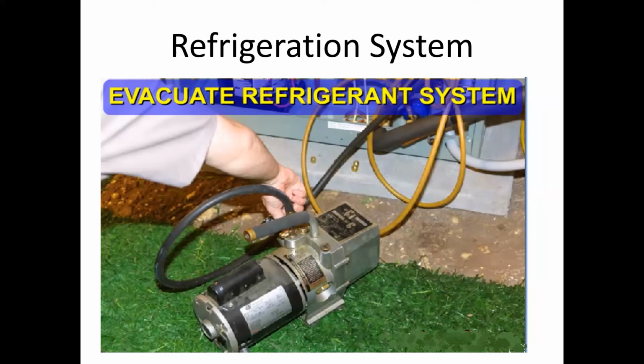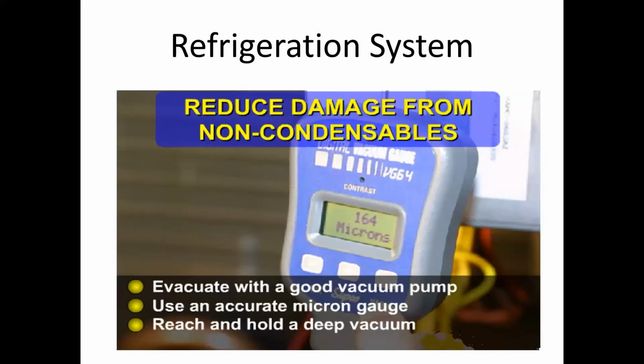So one of the pitfalls, or one of the challenges of doing online classes is you can't really interact as much as I would like to. But when you're pulling a vacuum on your system, anytime you open your refrigeration system, whether it's on install, whether you're replacing an indoor coil, whether you're replacing a filter dryer, whether you're replacing a compressor or a reversing valve or a TXV or anything, if you open that refrigeration system up, you have to pull a vacuum when you close it back in.